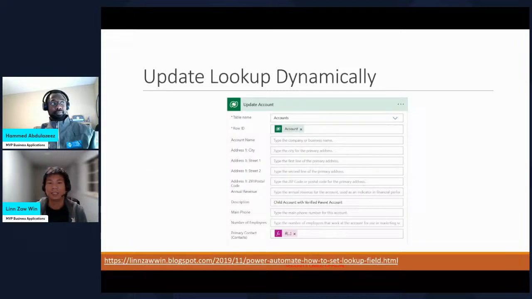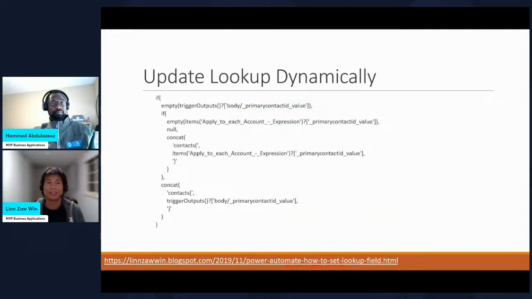So in that case, we have to write an expression to see if it is a value. And this is the syntax, one of the samples. I mentioned it in the blog post and the link below as well.